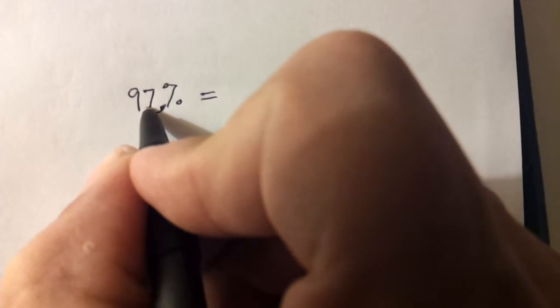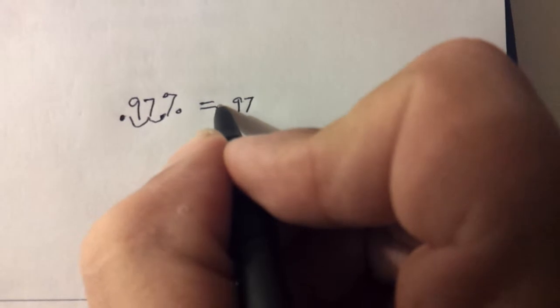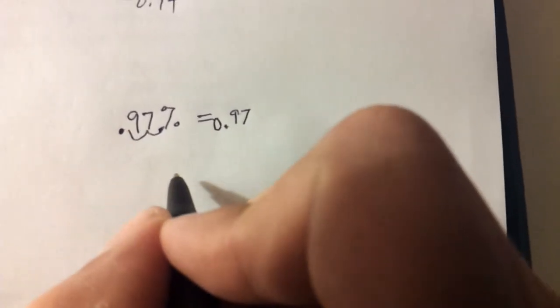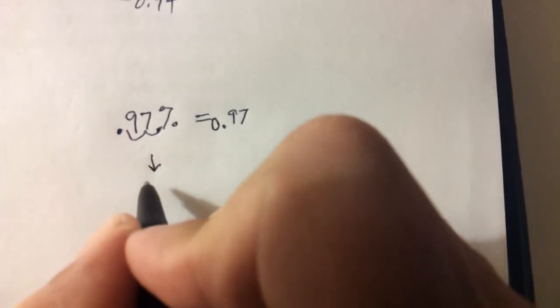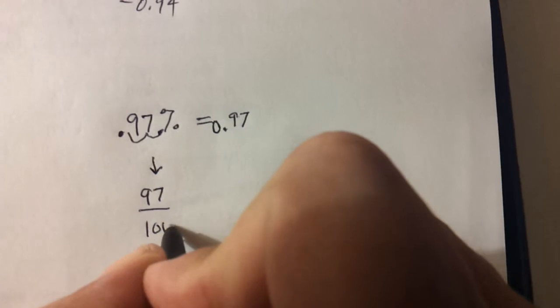To turn a percent into a decimal, what you do is take 97 and move the dot 2 places to the left. So that's 0.97, positive 0.97, because 97% means 97 out of 100.